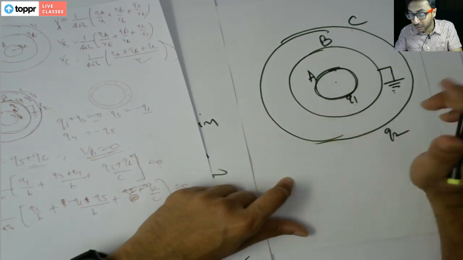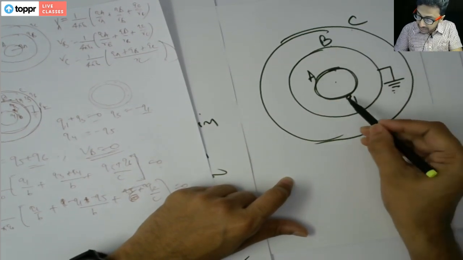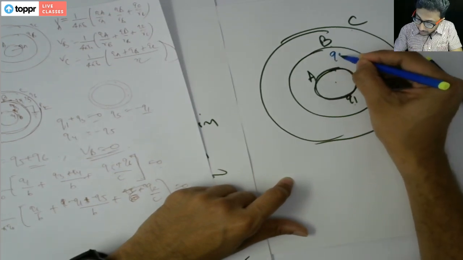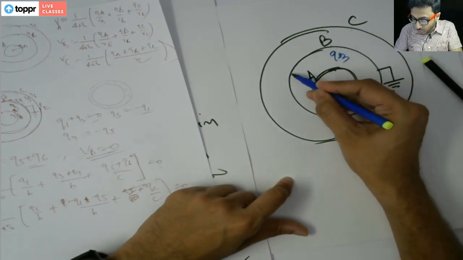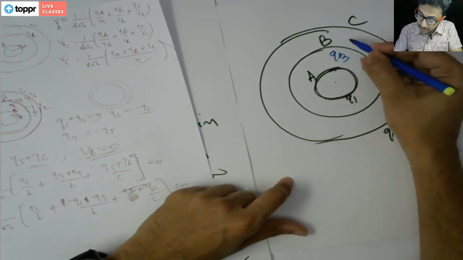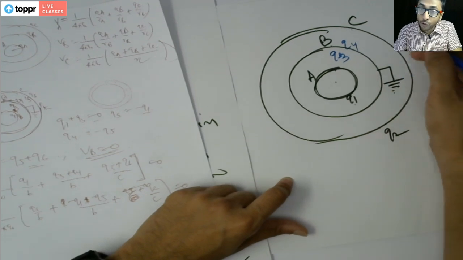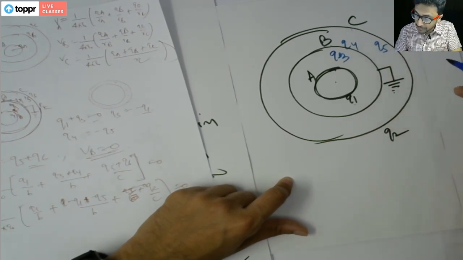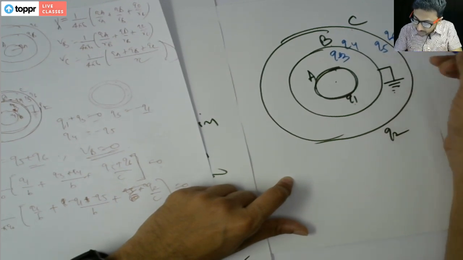This is a very important kind of problem. Let us see, this is Q1, this is Q2. Let us consider Q3 to be the charge on the inner surface of the shell B. This is Q4, this is Q5, right? And the outer surface is Q6.